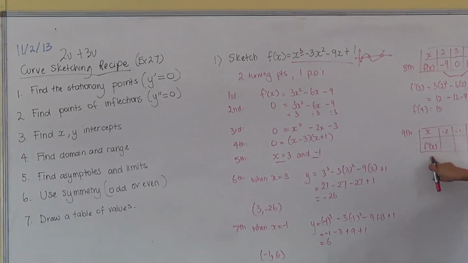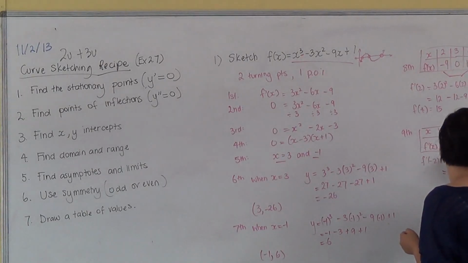Remember, we're substituting into the first derivative, not the original equation. At negative 1 that's 0. Negative 2 into the first derivative gives 3 times negative 2 squared minus 6 times negative 2 minus 9. You guys are faster than me, you've got calculators. 15, is it?